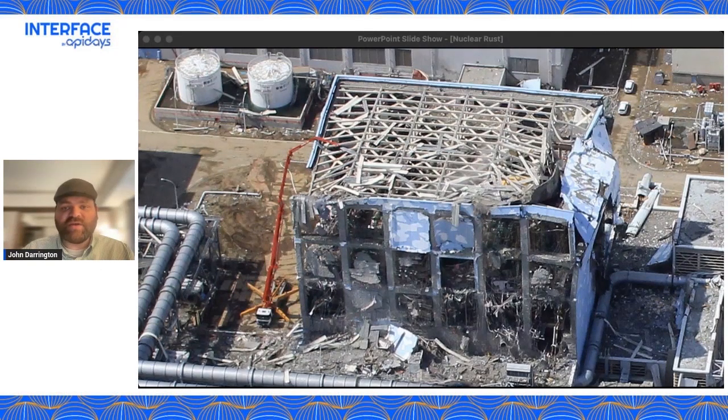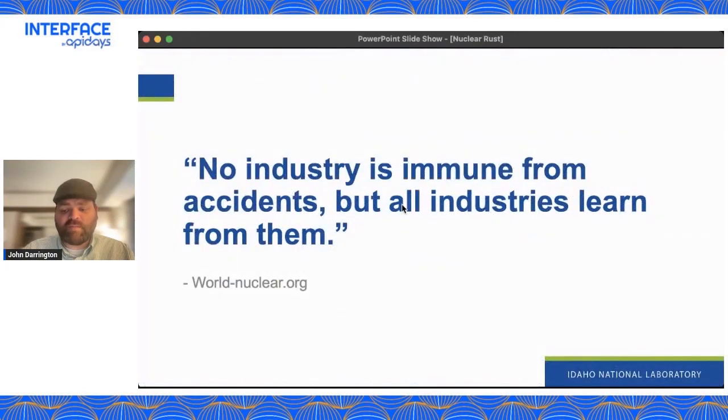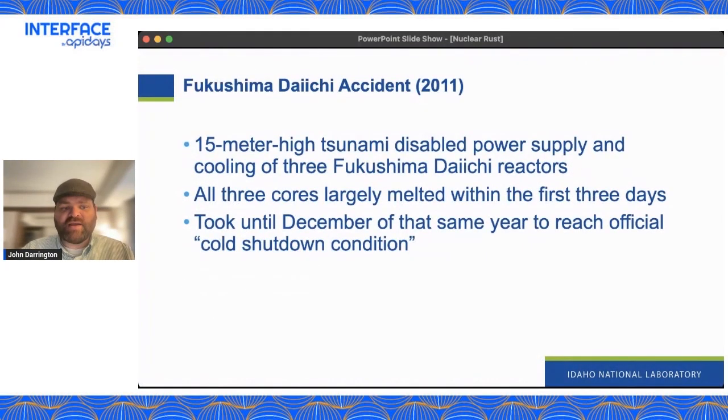Now, the Fukushima incident in Japan came about because a 15-meter high tsunami disabled the power supply and cooling of 3 of the Fukushima Daiichi reactors. And 3 of those cores largely melted in the first few days of the incident.